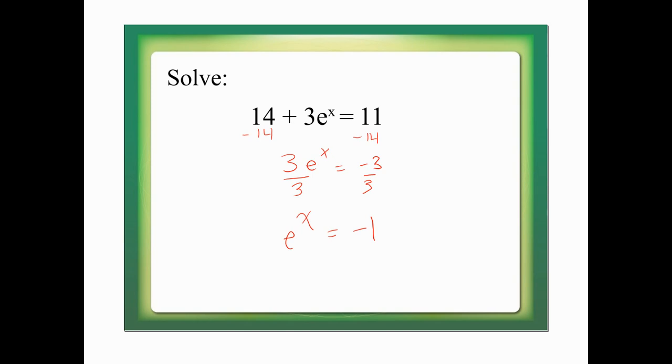And I want you to think about the graph of e to the x. E to the x is a growth function, and we know it has a horizontal asymptote at 0. We know that exponential functions can never have a range below 0 unless it's been shifted. So this actually is no solution.